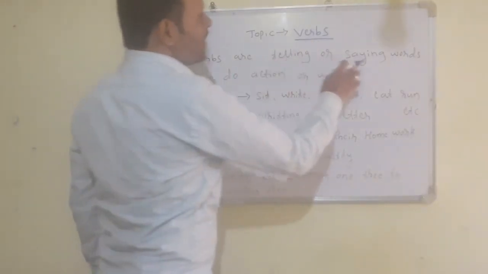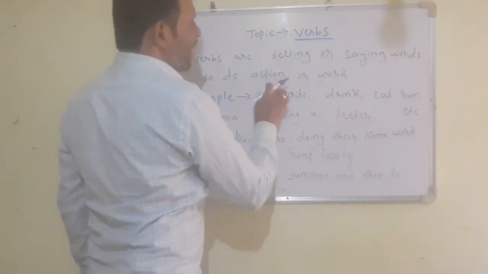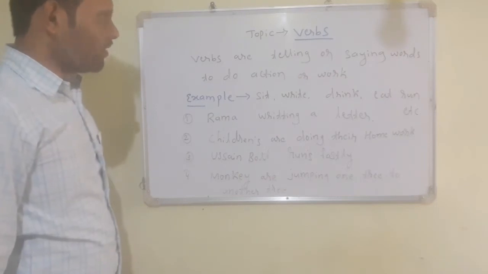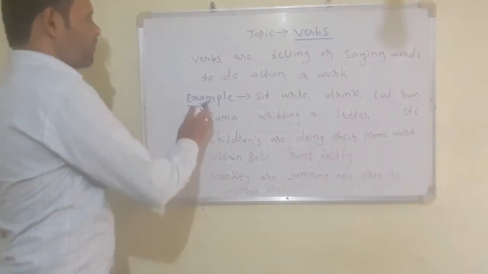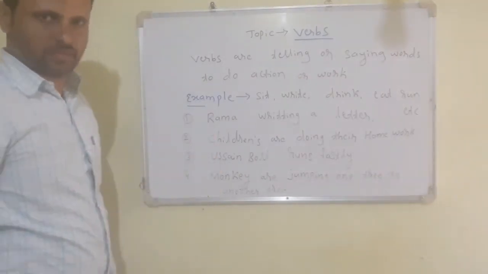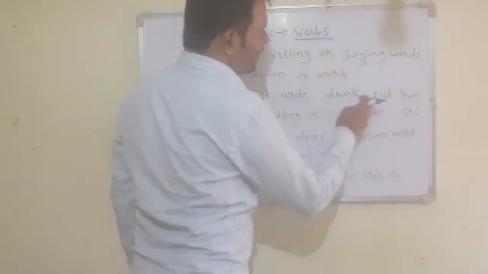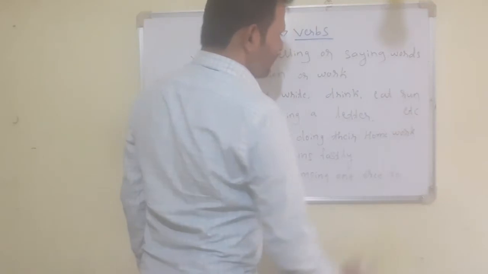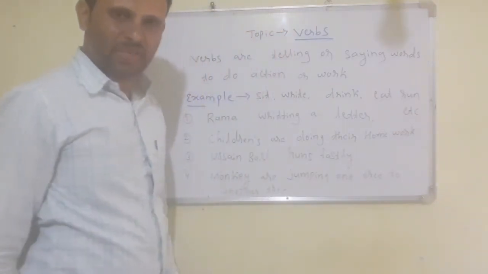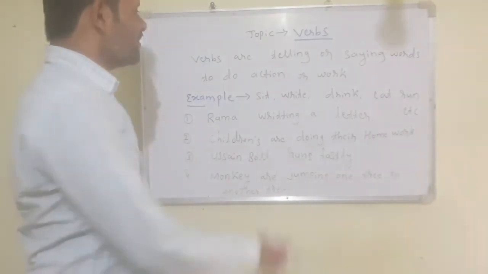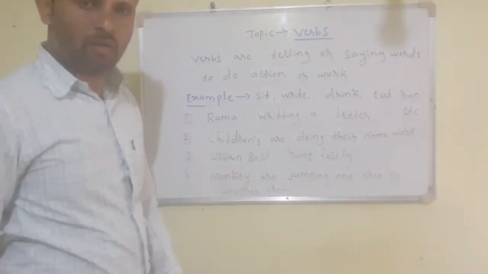Verbs are words that tell us to do an action or work. Some examples: sit, write, drink, eat, run, jump, swim, dive.